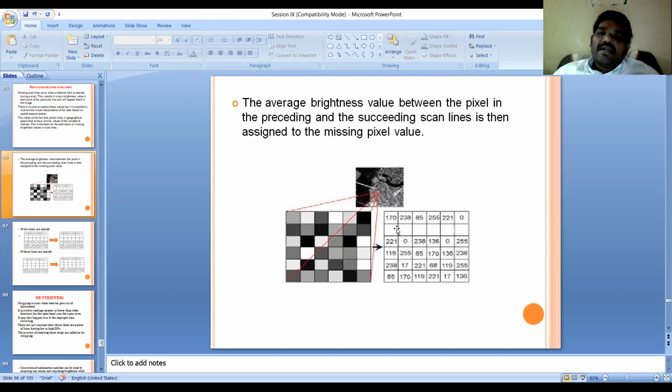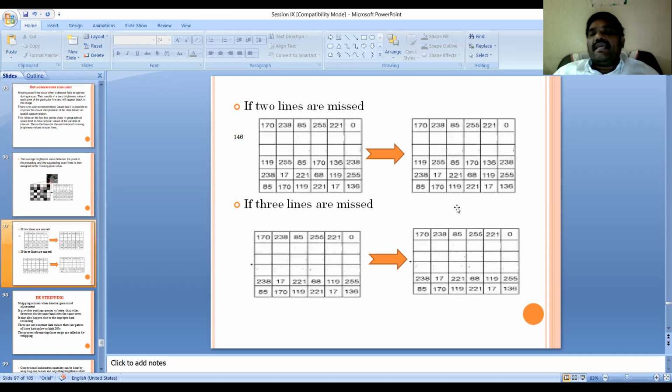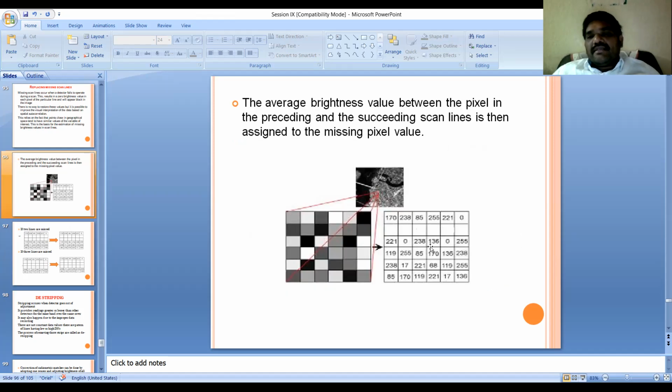Whatever value we got will be depicted here. That means 170 plus 221 by 2, whatever number you got, you depict here. If you get any decimal numbers like 145.5, in such cases try to round off the number. This is what we discussed about removal of a missed scan line.